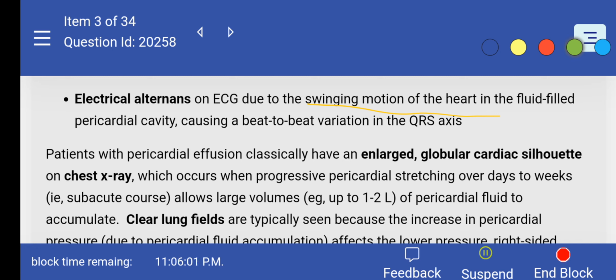So patients with pericardial effusion classically have an enlarged globular cardiac silhouette on chest X-ray, which occurs with progressive pericardial stretching over days to weeks. For example, a subacute course allows large volumes, up to 1 to 2 liters, of pericardial fluid to accumulate.